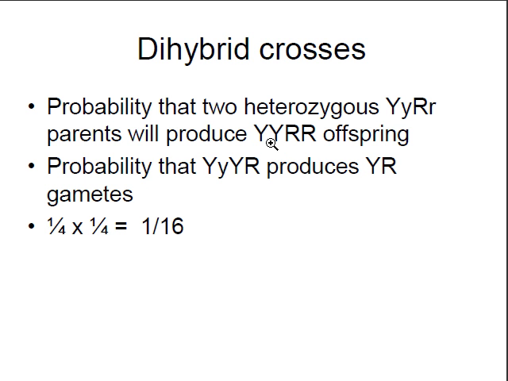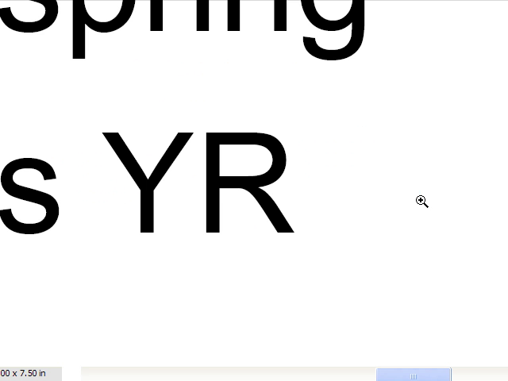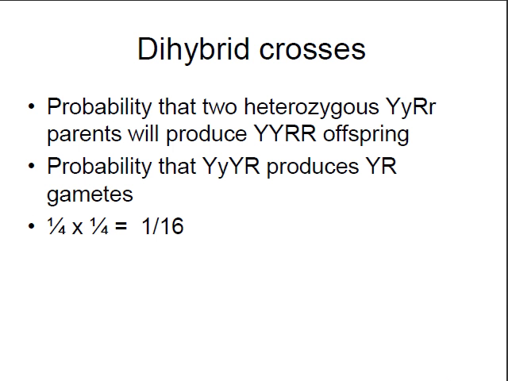Now, in dihybrid crosses, you calculate the probability that 2 heterozygous individuals will produce, let's say, a double homozygous dominant offspring. You calculate the probability that each heterozygous individual will produce a gamete that is big Y, big R. That is 1/4, and then multiplied by 1/4 is 1/16.